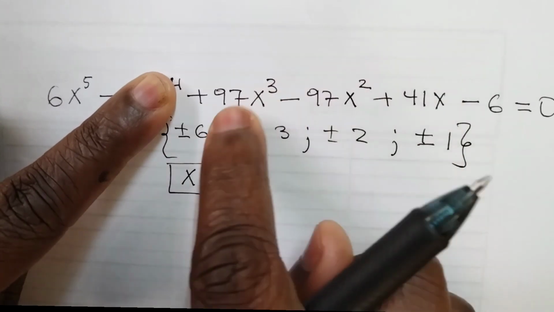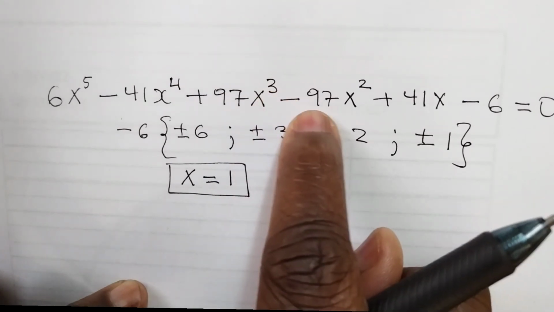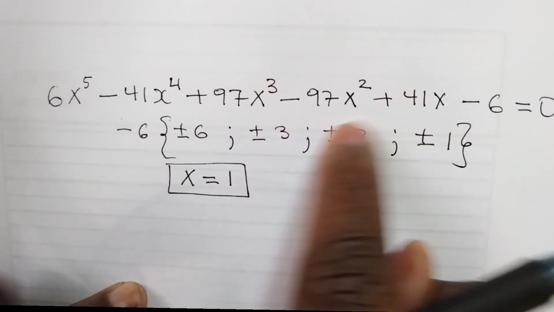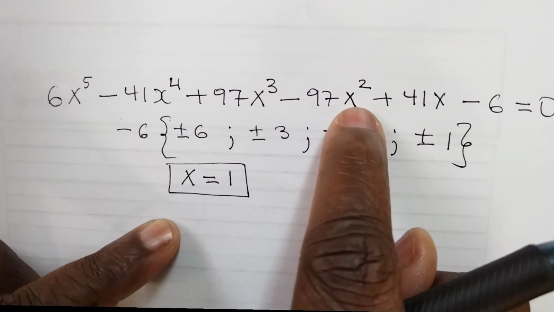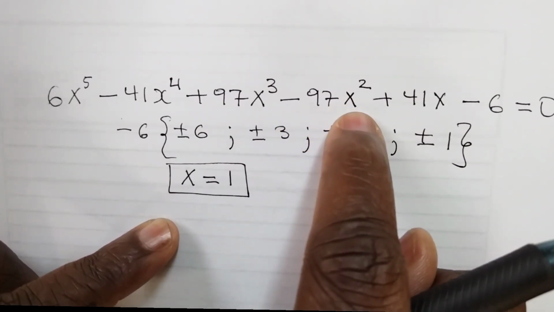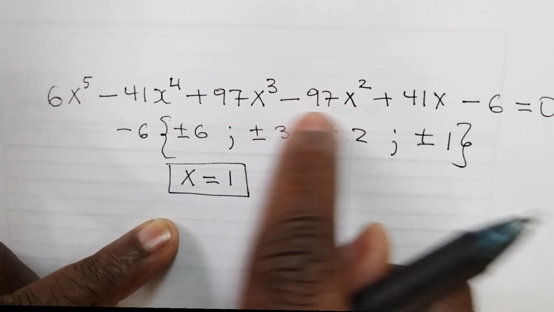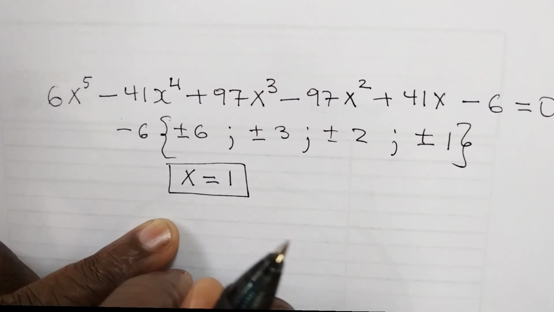Then I'm remaining with a positive 97x to the power 3 minus 97x to the power of 2. So we see clearly here, if I give to minus 97x to the power 2 the value of 1, I'm giving x there the value of 1, this will give me minus 97.